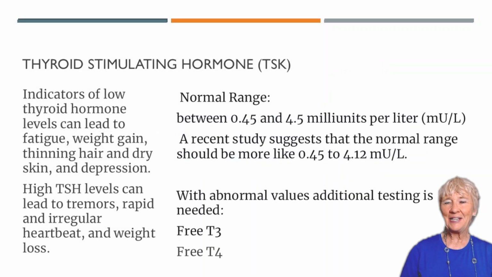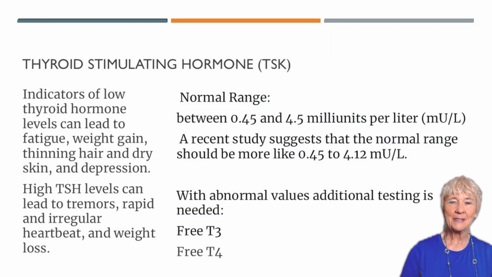So what is TSH? Thyroid stimulating hormone. It's one of the thyroid markers. There are a few others. If your TSH is abnormal for some reason, before everybody gets all worried, I would ask to have other thyroid values checked.